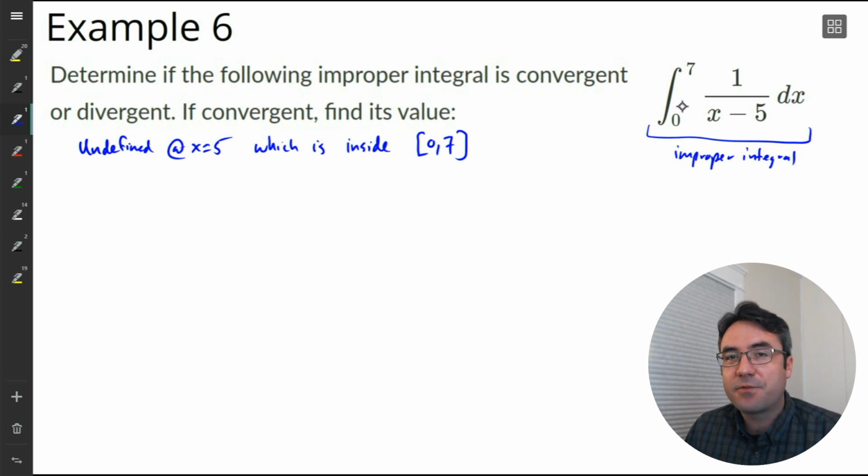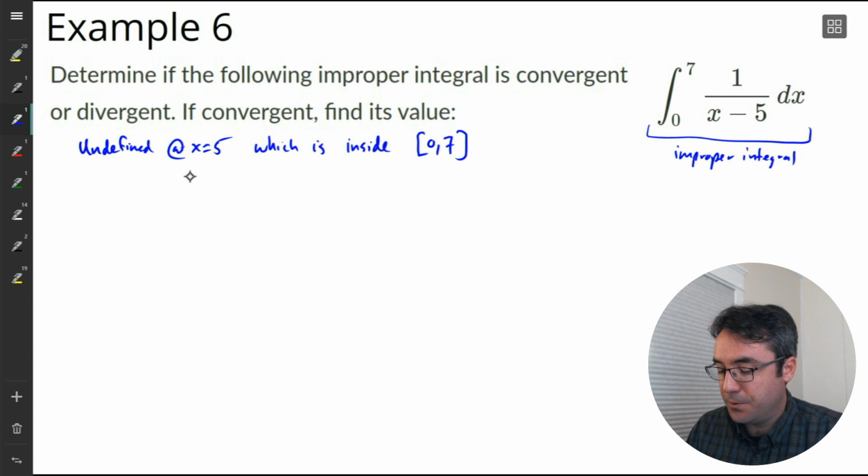So this is one thing from now on we're going to have to check. Each time we have a definite integral, you want to really look for where that function is undefined, and see if that discontinuity happens inside the interval that you're integrating over.